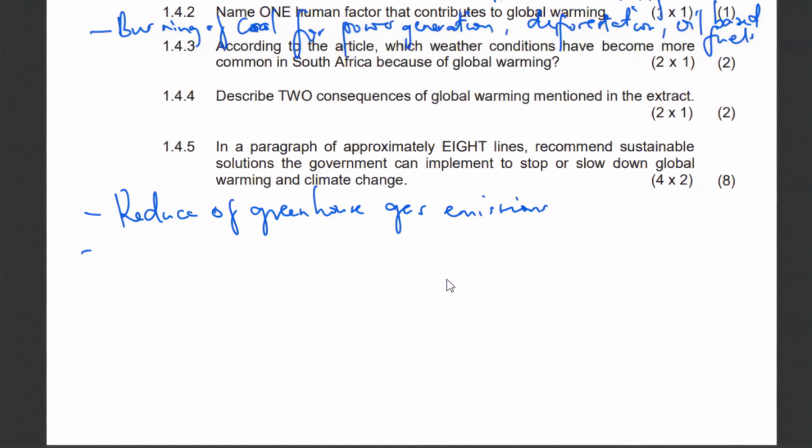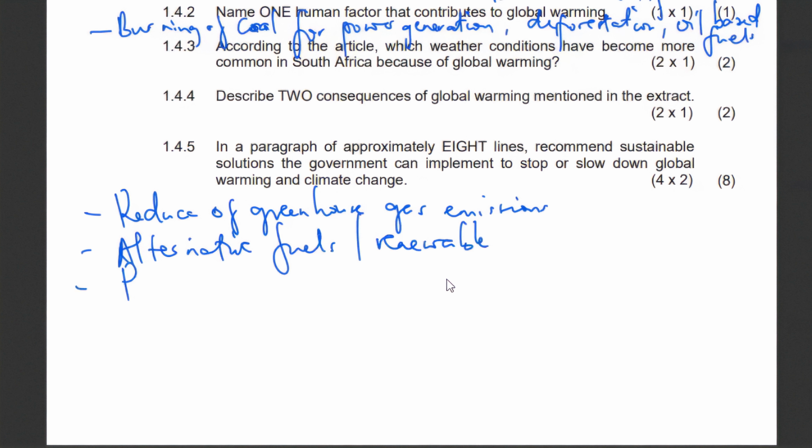Find ways of reducing the emissions of greenhouse gases into the atmosphere, or use alternative fuels or sources of energy. In this instance, renewable energy sources. We move away from fossil fuels and we try to introduce cleaner sources of energy.